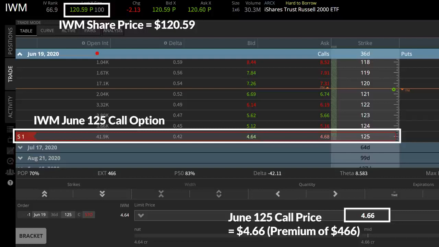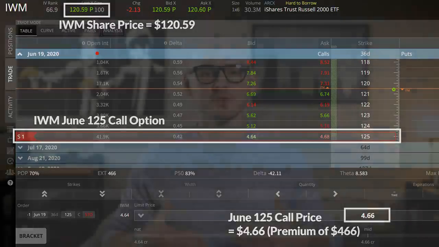Now, when you sell or short an option, meaning you sell it as an opening trade, you don't pay the premium, you collect the premium. But in this case, since the option premium is $466, if I sell this call option short, I will collect $466 into my account, and that will be the start of the trade.